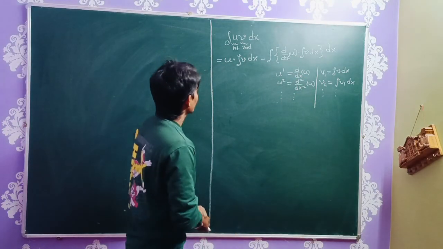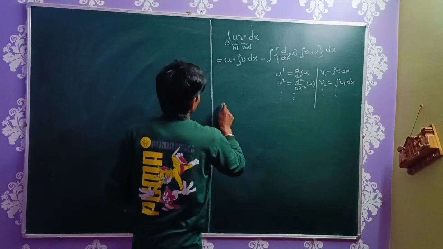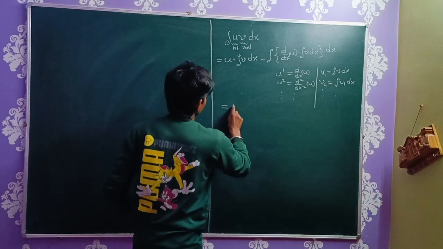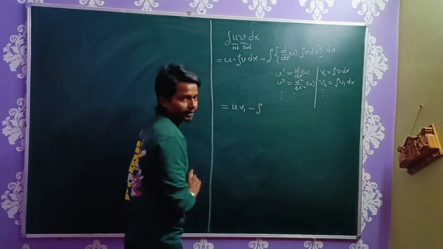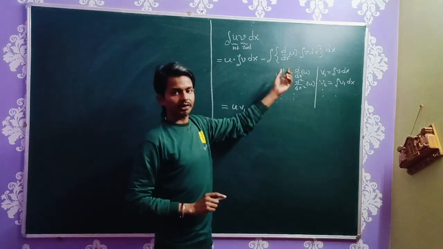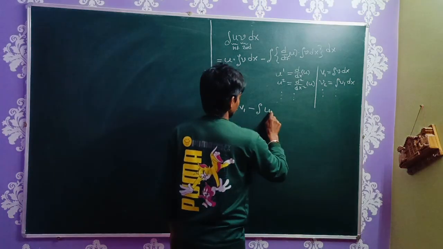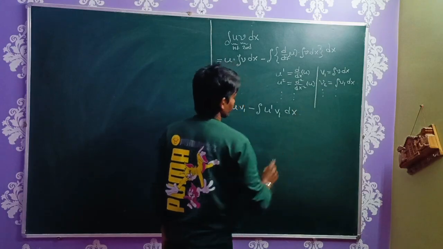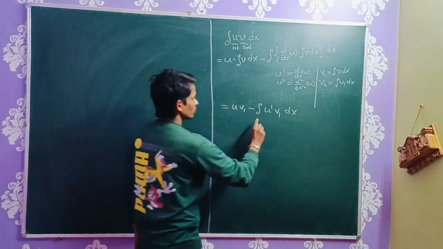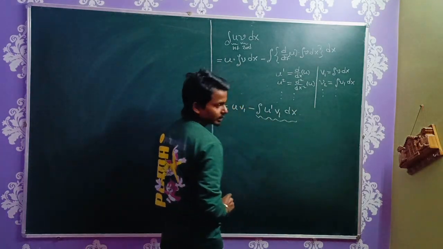Now in terms of these symbols, how does the formula look? Here u times v1 minus the integration of the derivative of u with respect to x, so u1 times v1, dx. Now we again apply integration by parts here.